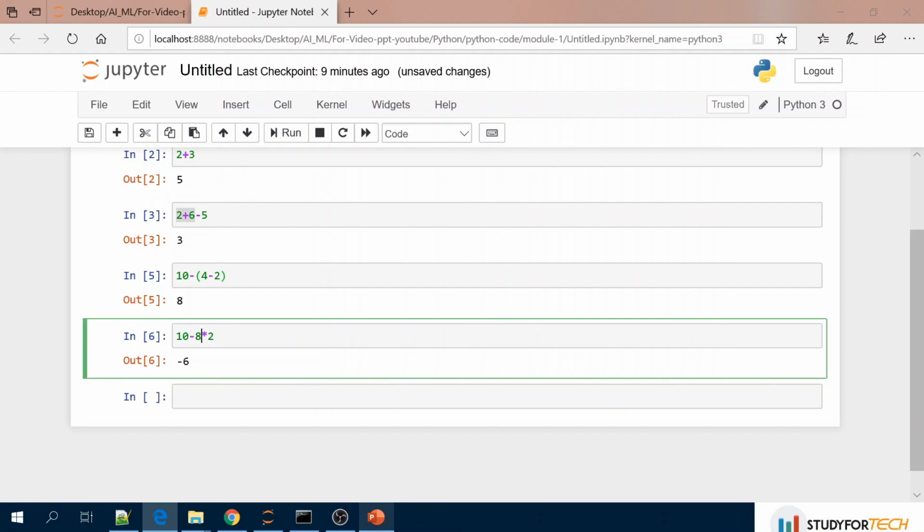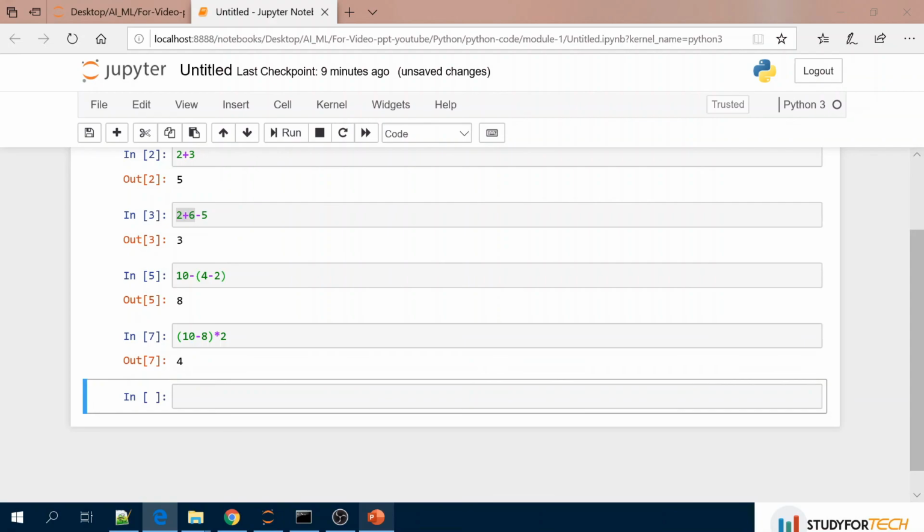If I say that no, I want to perform this first by overriding the associativity rule or precedence, so see the output, it is 4. So this is the important concept, you should understand this when you do operations on multiple operands, and then you have to consider the precedence and the associativity rule if it is in the same group.